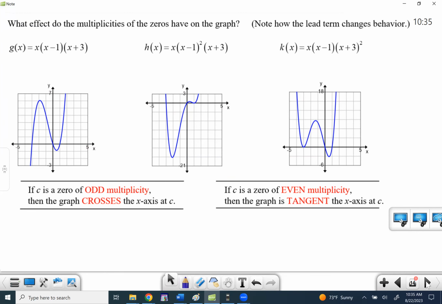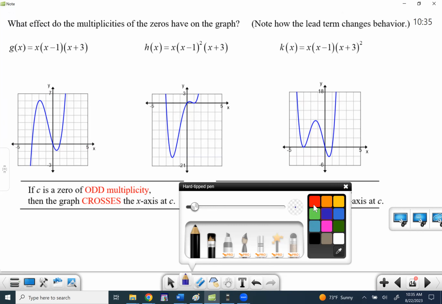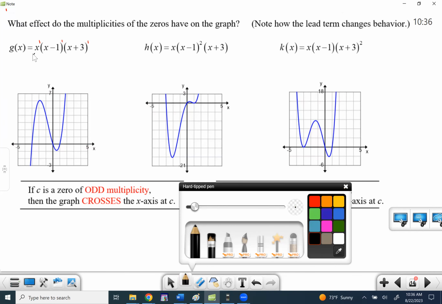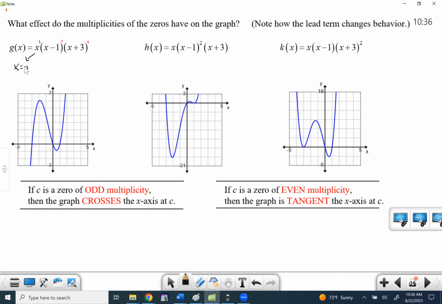Okay. All right. So let's go in here and look at these. What effect do the multiplicities of the zeros have on the graph? Well, what are the exponents is going to be our first question, right? If there's nothing there, we know it's a 1. So since all of these are degree 1, they're all going to be crosses. Now let's go in and actually get the zeros. If we set this one equal to 0, this one will be a cross.